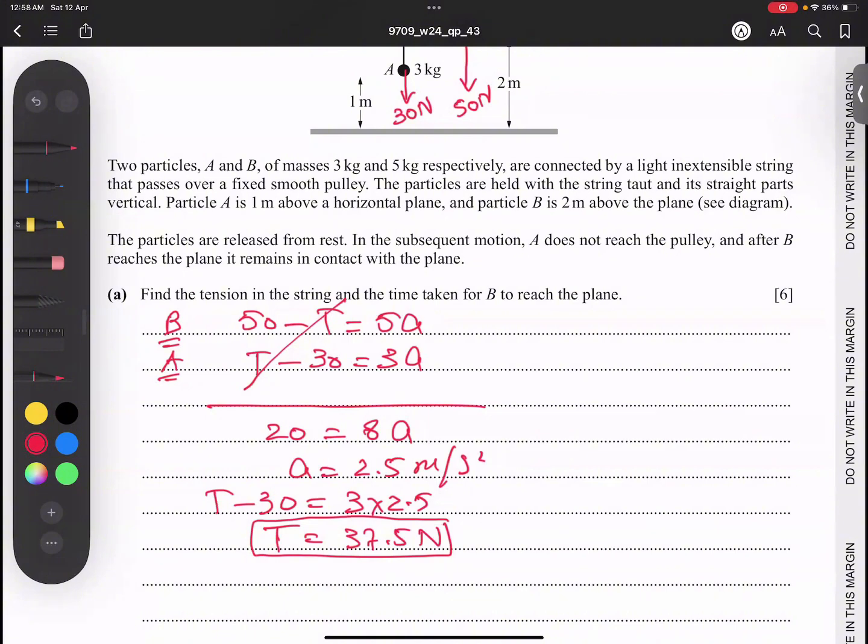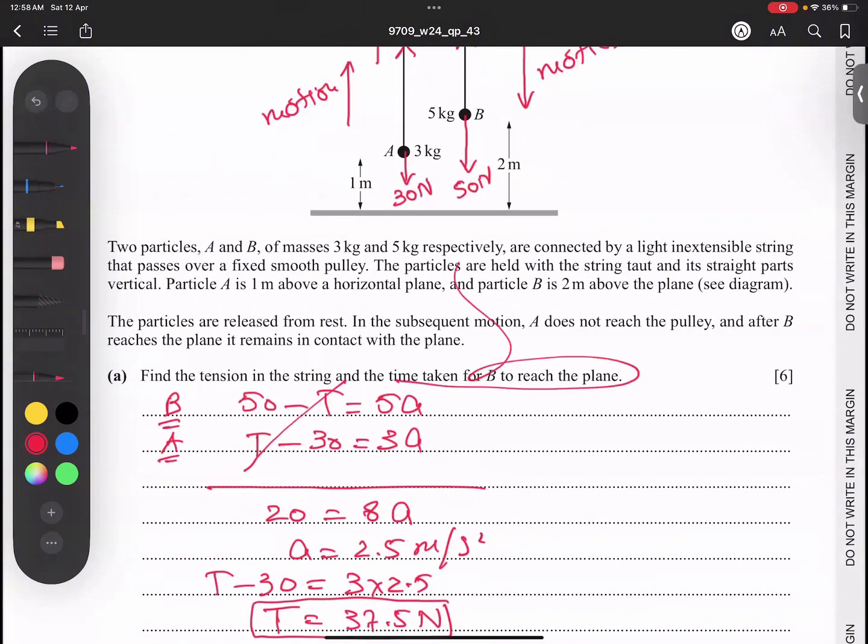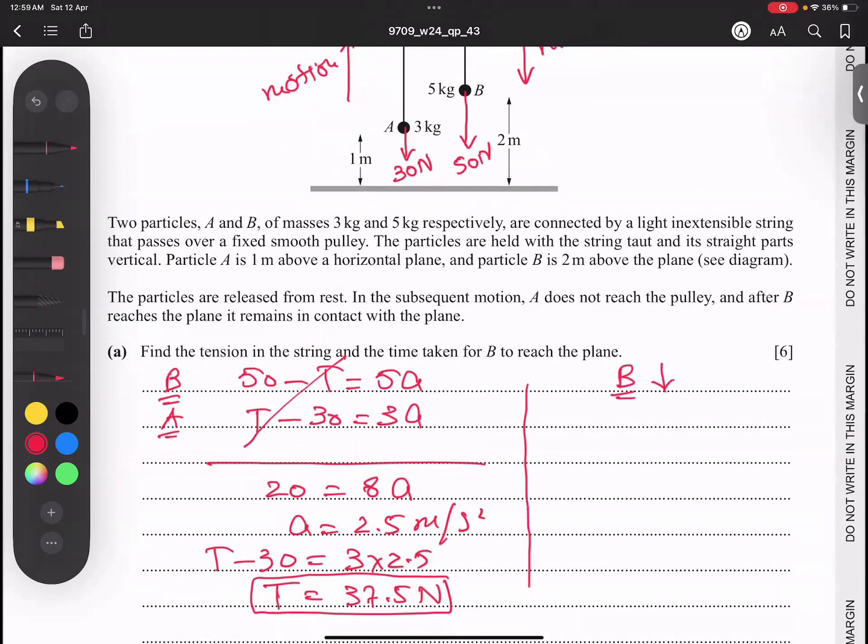And he's asking, find the time taken for B to reach the ground. So let me give a title. This B is coming down, so down motion. When we talk about this one, starting u is 0, distance it will travel is very obviously 2 meters to reach the ground, and time is our task. And acceleration, luckily I got it, so I'm using it there: 2.5.